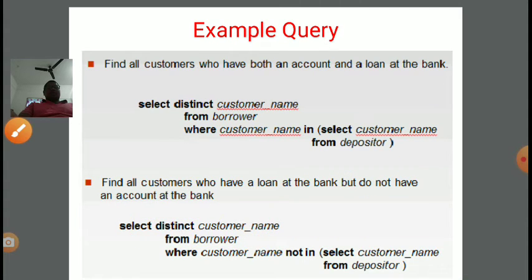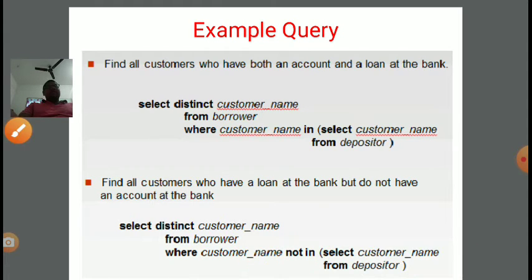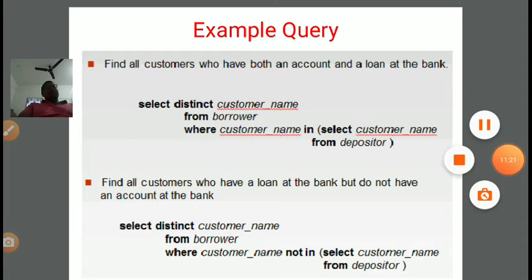So then where customer name not in, they are not included in which relation? Depositor relation. So select customer name from depositor. So all the depositor customers will not be included, and only those customers will be taken who are related to the borrower relation.